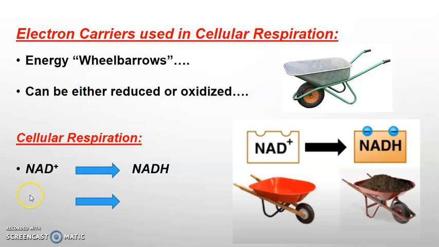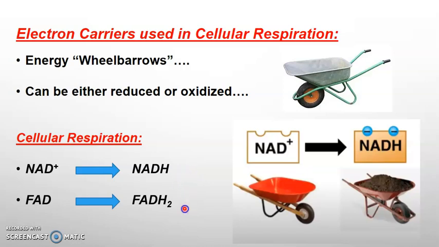And we will also see a second electron carrier used this time. We're going to have something called FAD, which will become FADH2 once it accepts electrons and becomes fully reduced. So these two electron carriers will not be used to make sugar like NADPH was used to make glucose during the Calvin cycle.